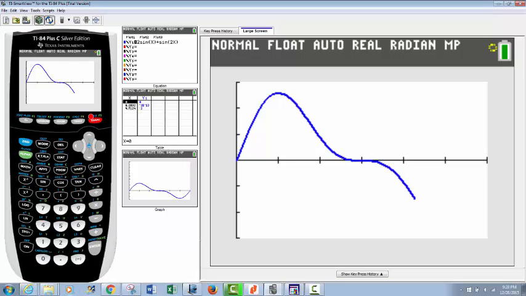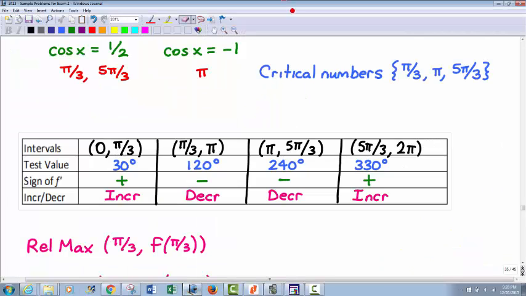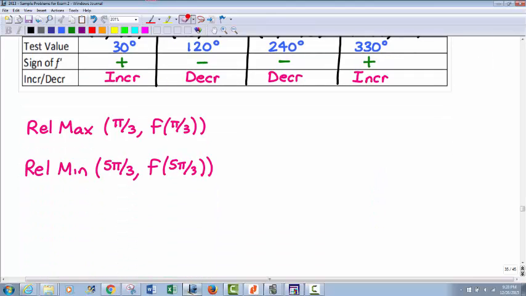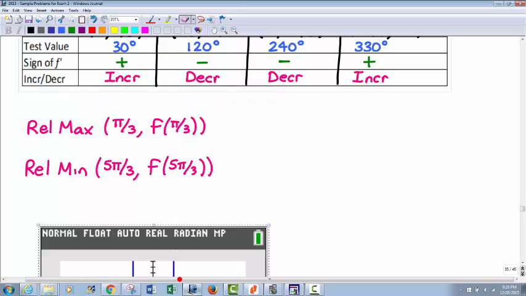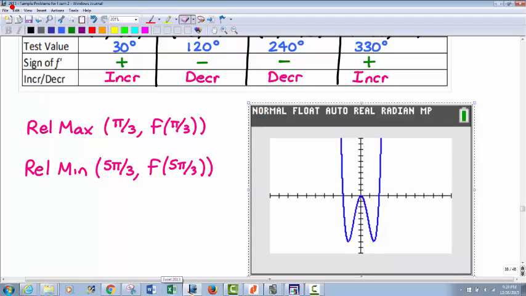So I'm doing all the way to 0 to 2 pi. So we go copy that and squeeze it right in there. And that matches the work that we did.